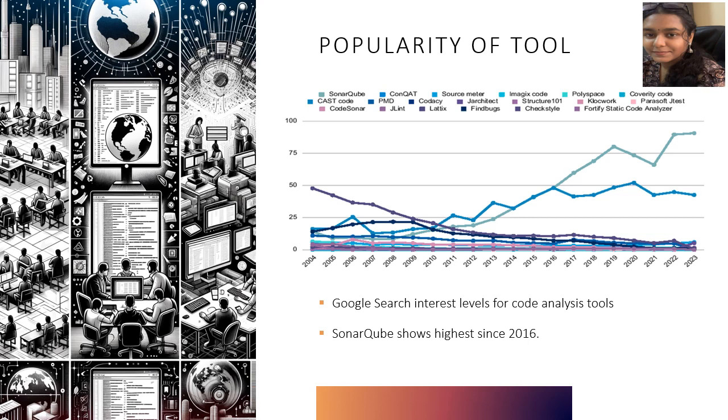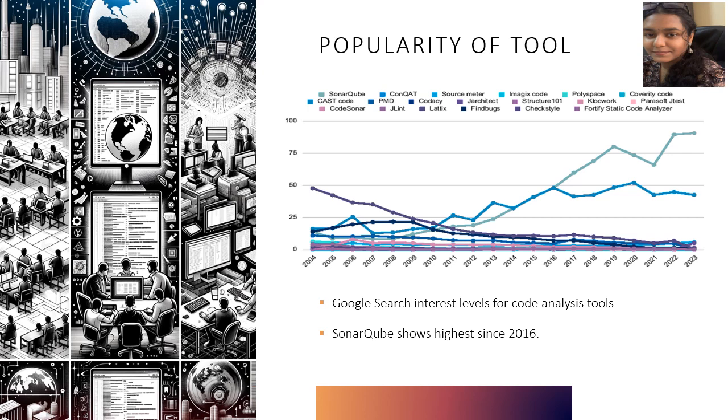Now let's look at the popularity of the tool. So SonarCube's popularity in the market is actually substantial, as evidenced by its wide adoption in the software development industry. Our first point of focus is the public interest in code analysis tools as captured by Google search trends.